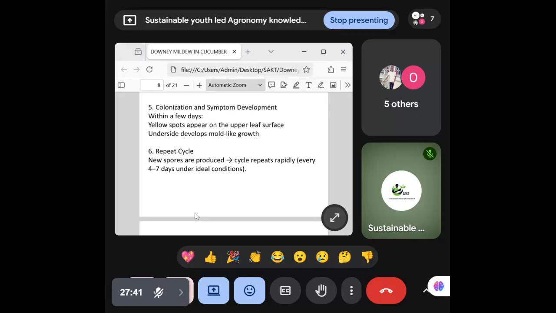And then check the upper part of your leaf. At the upper part, you will notice a yellow spot, and you will notice a mold-like growth. So the cycle repeats.